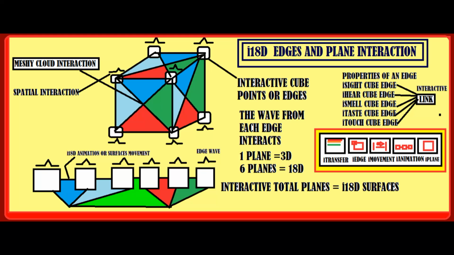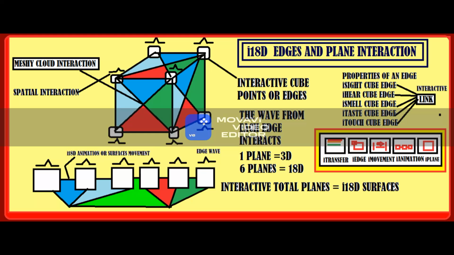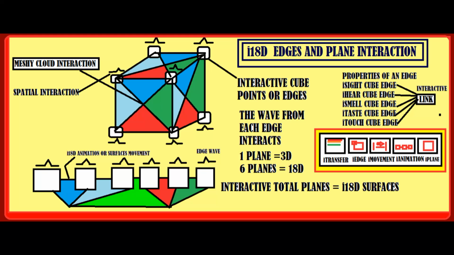Each edge tends to possess something that is known as spatial interaction, because each edge contains some particles, and all are made of atoms, all are made of particles, and these edges tend to have some spatial interactions and spatial properties.